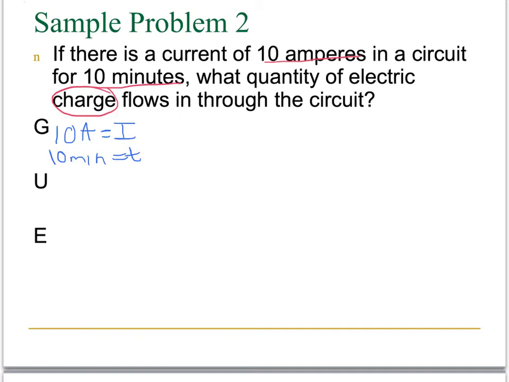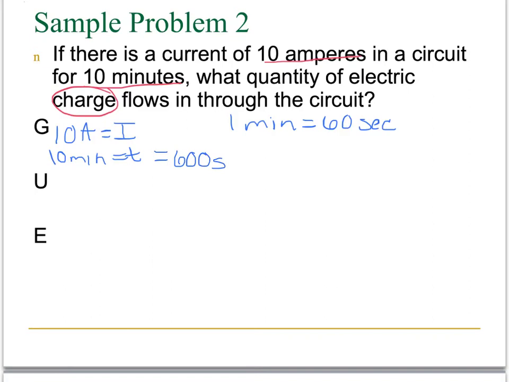We know that 1 minute equals 60 seconds. If we start in minutes and need to go to seconds, we need to multiply 10 minutes times 60 seconds. Therefore, we get time is equal to 600 seconds.